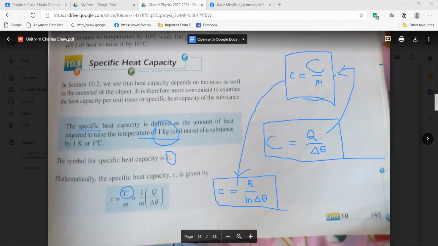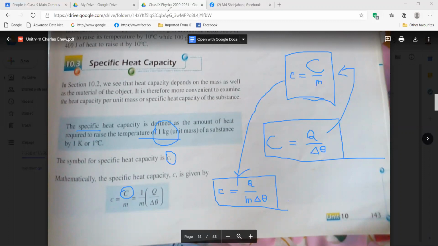All other descriptions are the same. Only there is one difference: the heat capacity is for the whole object and specific heat capacity is only for 1 kg object. Is it clear? So you be stuck with this concept when you are getting the difference between heat capacity and specific heat capacity.